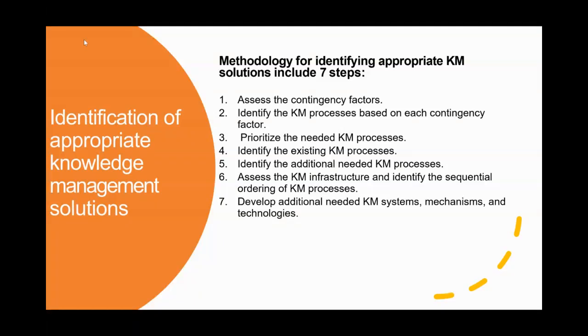Then assess the knowledge management infrastructure, very important, and identify the subsequential ordering of knowledge management processes. Then finally, develop additional needed knowledge management systems, mechanisms, and technologies. Okay. And that is your 7 steps to identifying the appropriate knowledge management solution.